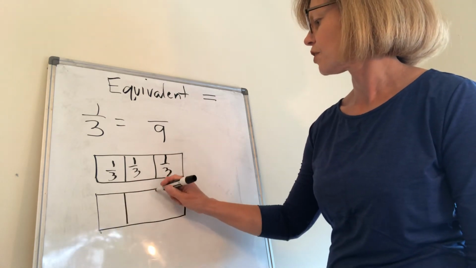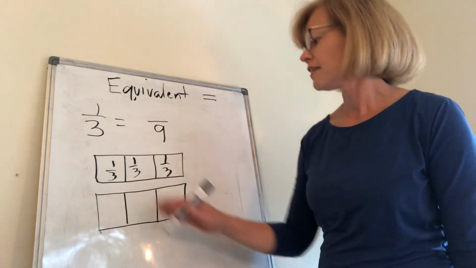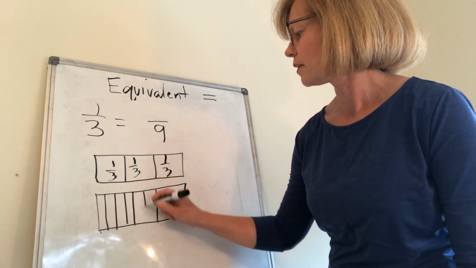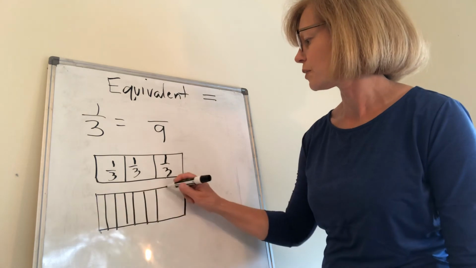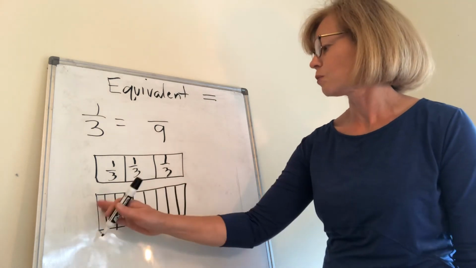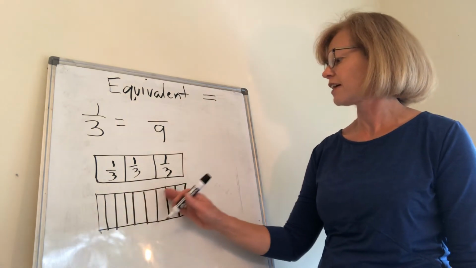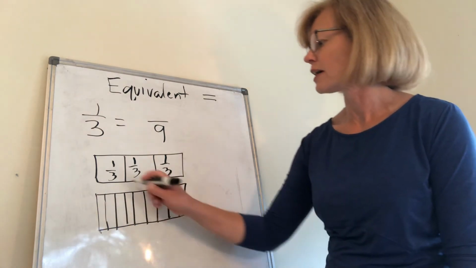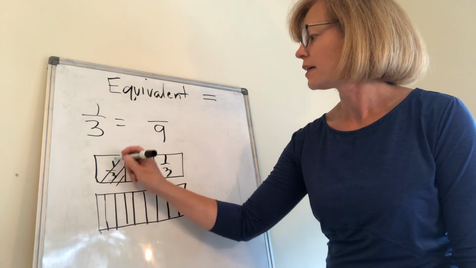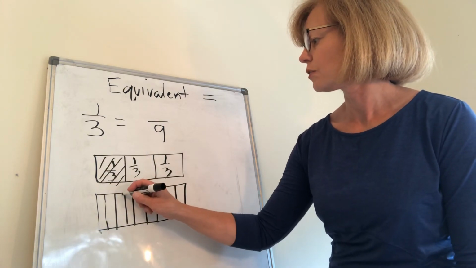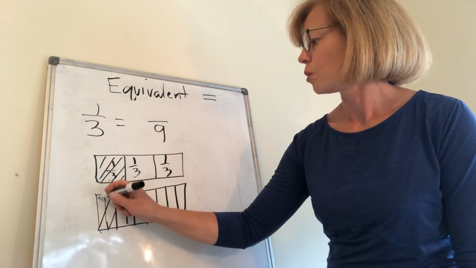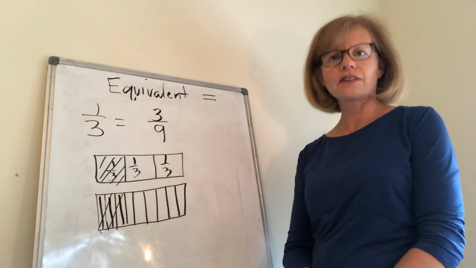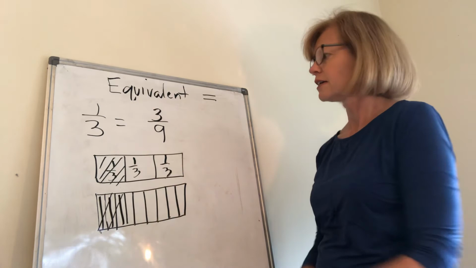And notice I start with thirds, and then I know if I divide each of these thirds into 3 spaces, this should be 9. 1, 2, 3, 4, 5, 6, 7, 8, 9. So each of these spaces is 1/9. So now 1/3 is equal to 1, 2, 3, 3/9. Do you see how I've done that?